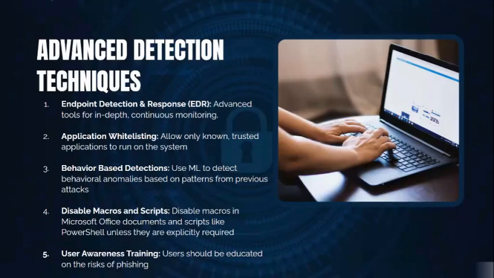Okay, so what else can we do? In the real world, machine learning detection is leveraged to detect fileless malware by analyzing behavior anomalies in system activity based on patterns learned from previous attacks. ML models are trained on large datasets containing information about normal system behavior, such as process execution, network traffic, and system calls.